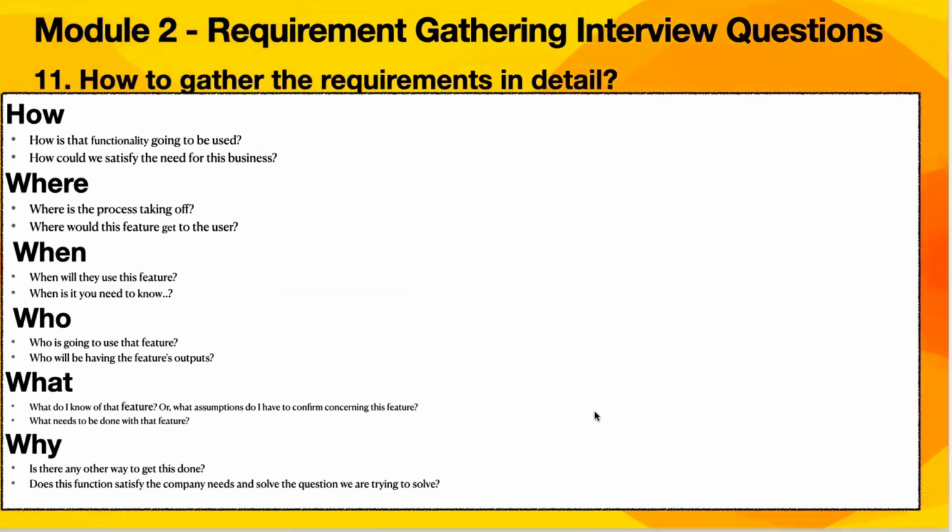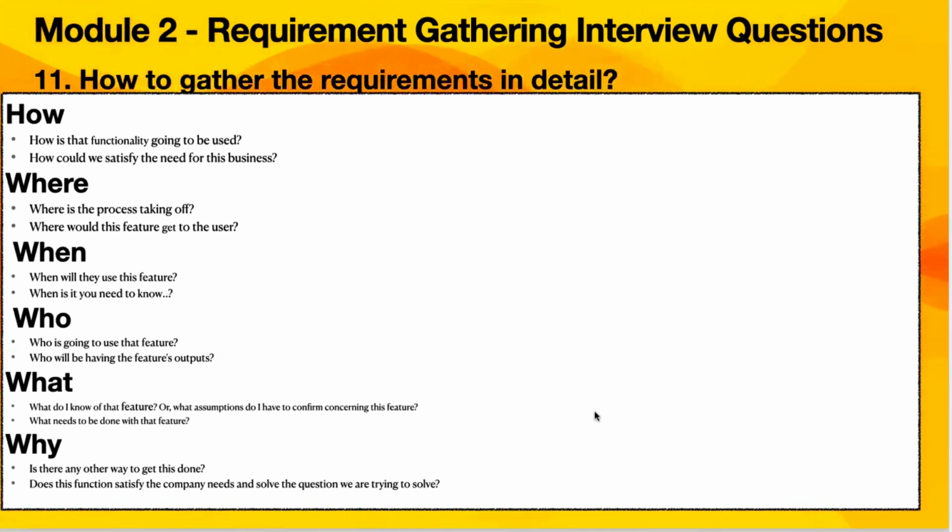How is the whole application going to get started? And also, how would this feature get to the user? For example, there are multiple ways an application can be downloaded or accessed through different means, right? So where would this feature get to the user?